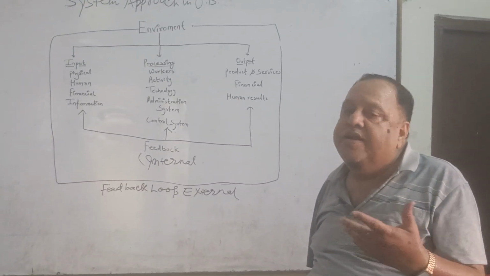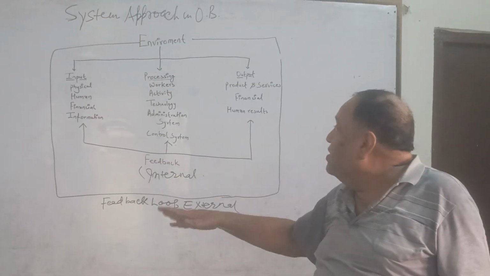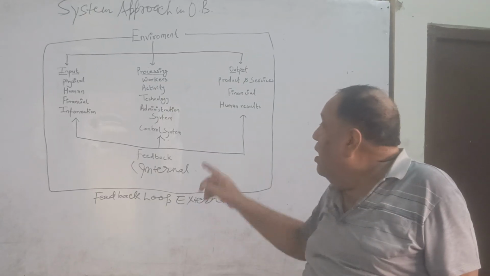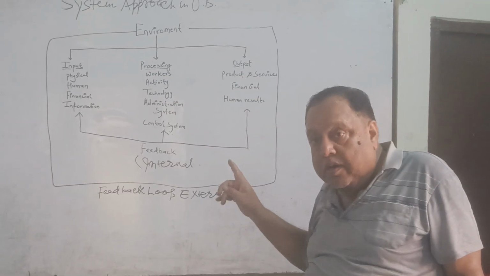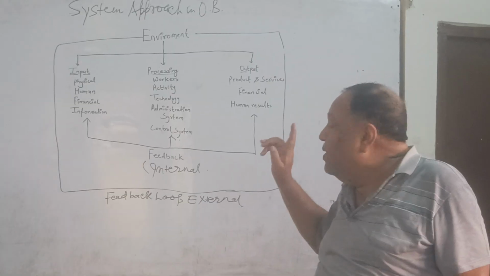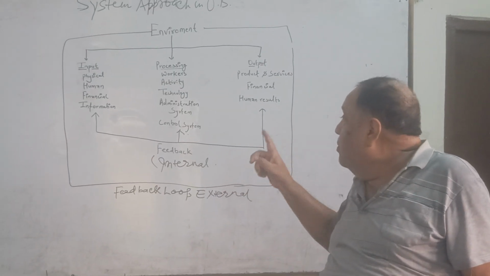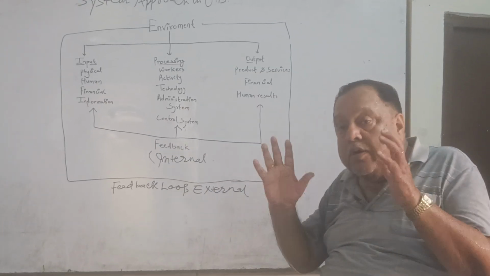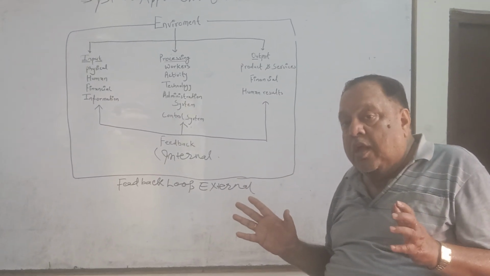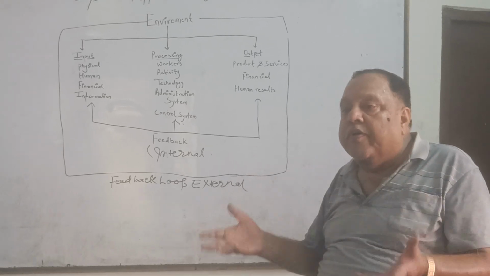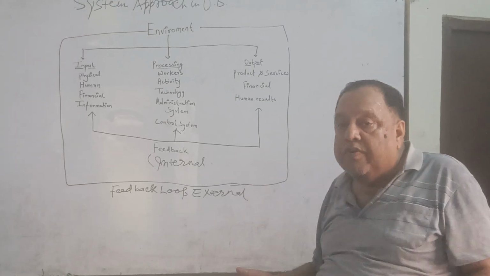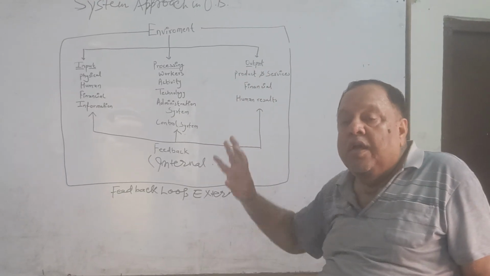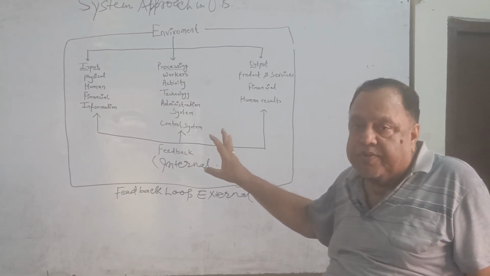When these four components, that is physical, human, financial and information, or in simple words man, machine and material, are subjected to the processing subsystem, the activity of the worker, the technology being used, company's policy which comes under administration system, and the control system which is supposed to evaluate the performance of every unit of the organization, acts as a processing or transformation subsystem.